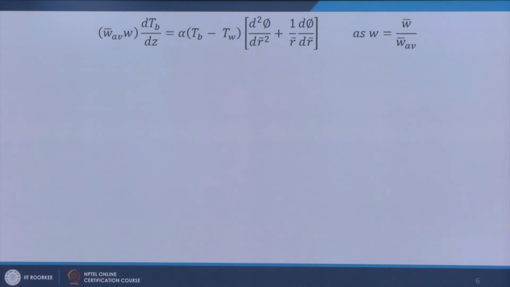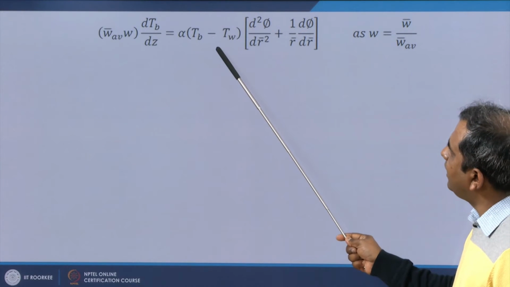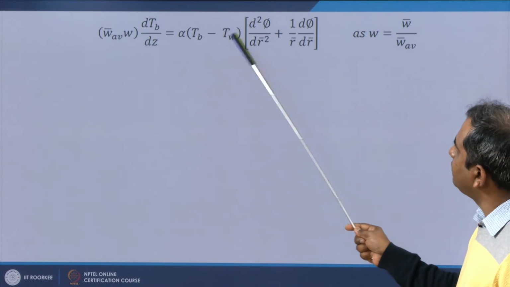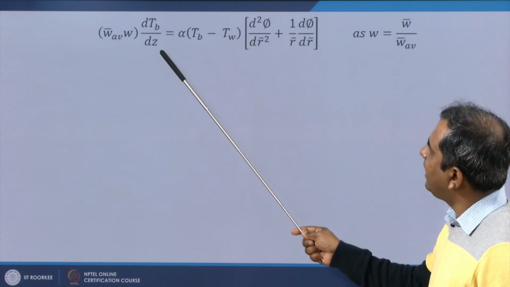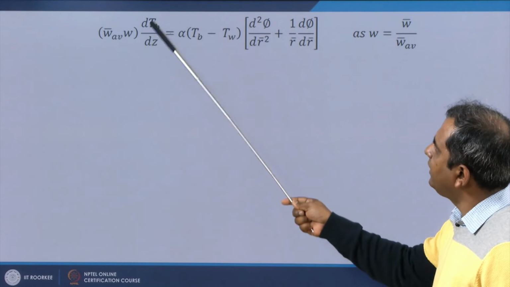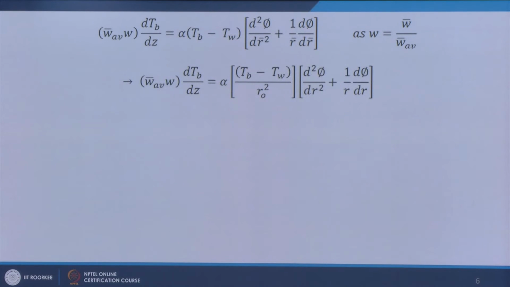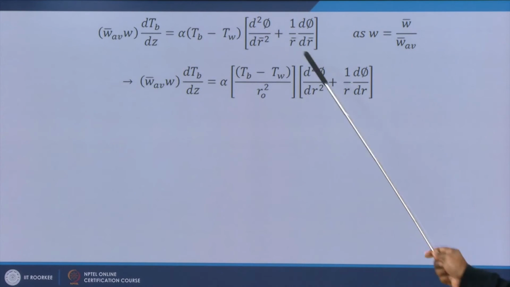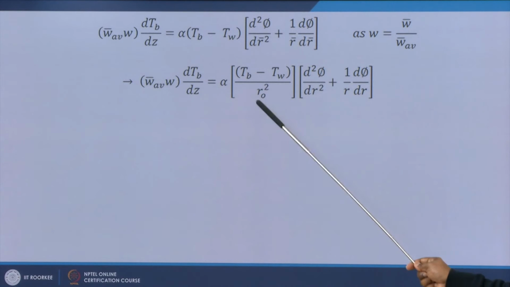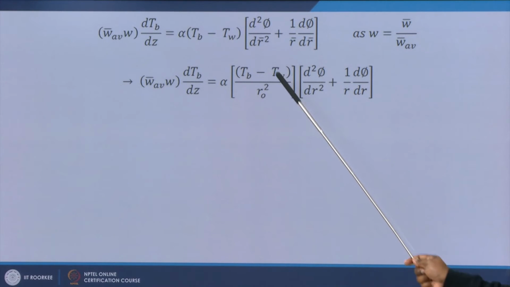And we convert the T to phi, and we have written del z of T as del z of Tb, which we have already proved. So after a little bit of rearranging, we find that whenever we convert this r bar to r, r naught square also comes out, because we have considered r is nothing but r bar by r naught.